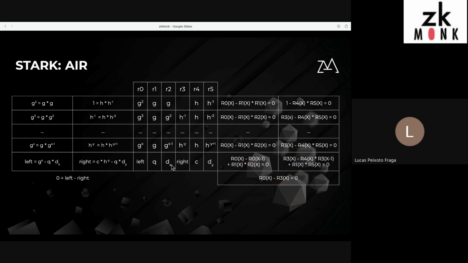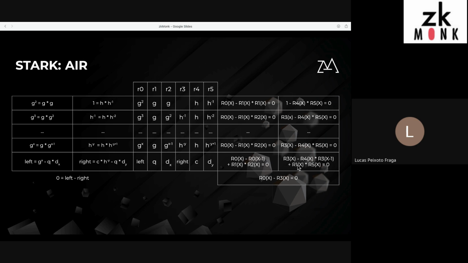But we can also access gx from the previous row if instead of using r0x, we use r0x minus 1 to access the previous row. And this allows us to fit very complicated polynomials in the same row and evaluate them together, and by consequence reduce the number of rows that we need in these columns.